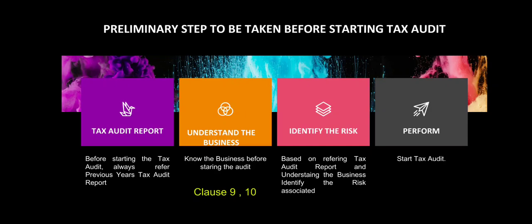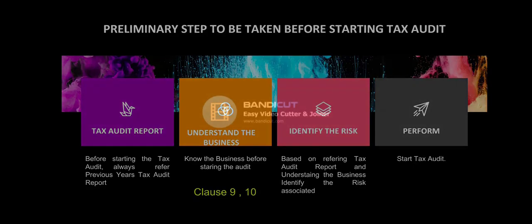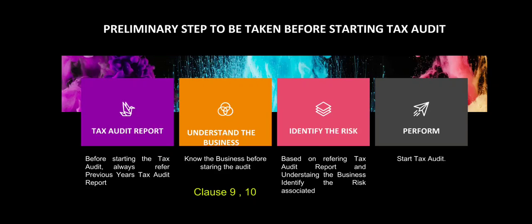Again, for the form, clause number 9: we need to enter details regarding partners or members of the organization or the business. That is, how many partners if it is a partnership firm, and what is their profit sharing ratio.